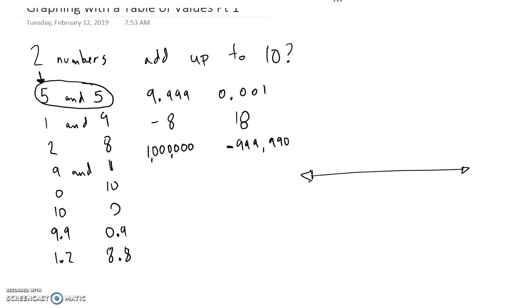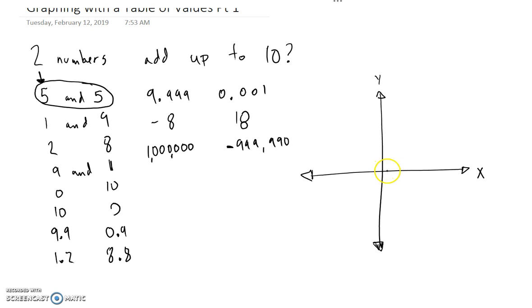And he said that number line is going to represent the first number, but now I need a second number line to represent the second number. So we're going to make another one vertically. And eventually we started knowing that the first number was called the x and the second number was called the y.